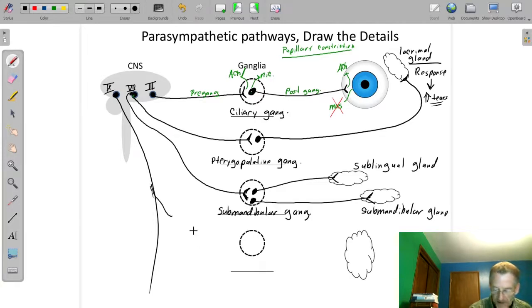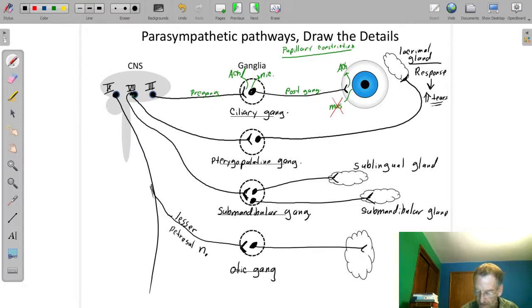So this is a branch of 9, and this is the lesser petrosal nerve. And this is going to the otic ganglion. It's by the ear. And the postganglionic fibers run to the parotid salivary gland.